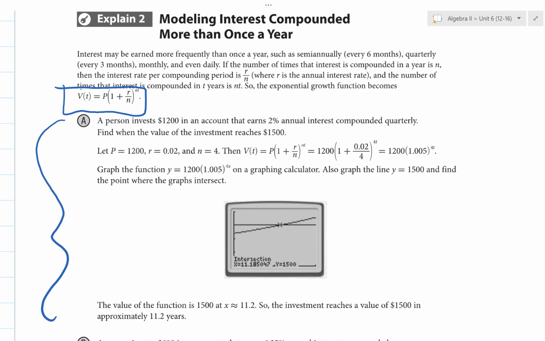And so this is the equation we would use for compounding more than once a year. So n is the number of compounds per year. So this is when we're compounding n times per year.